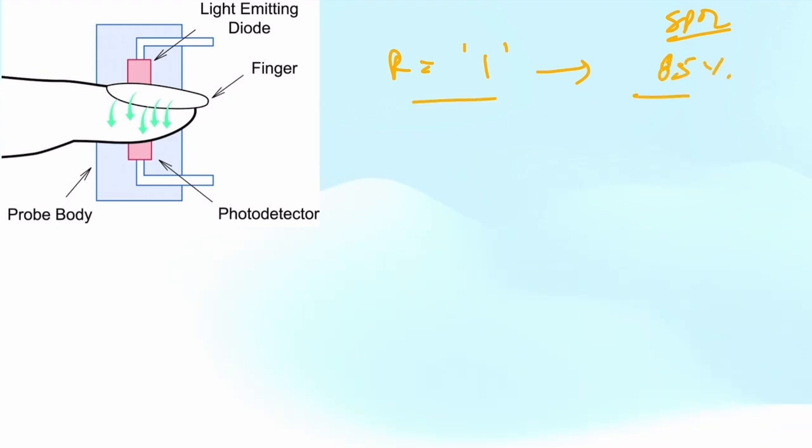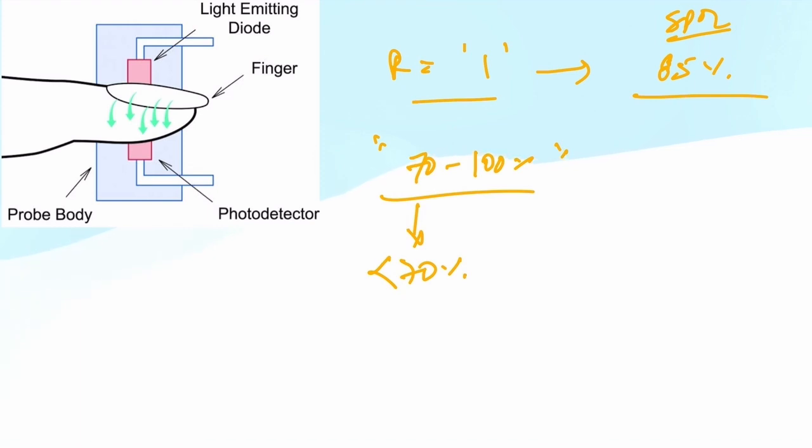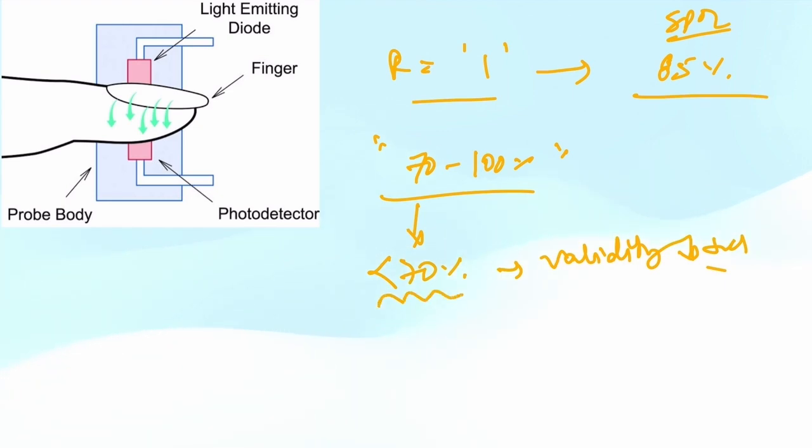Okay, so similarly these studies were conducted in healthy patients and it is valid for a saturation range of 70 to 100%. So when it goes below 70, its validity decreases, right? Some practitioners consider it to be less than 80. So with a value less than 80, the validity or the precision decreases, right?